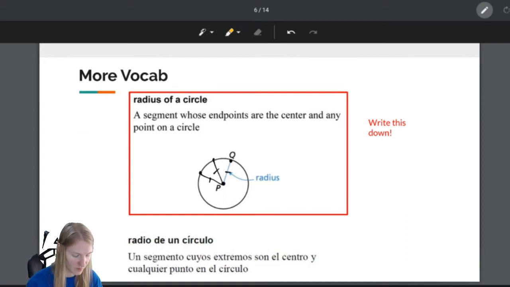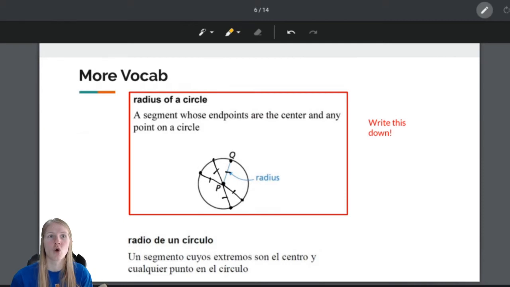So one of the points is P, and the other point is anything on the outside of the circle. Now the radius always stays the same. We don't have a changing radius, otherwise we don't have a circle. So when we have a fixed radius, if my radius is 2 centimeters, every point on the outside of the circle has to be 2 centimeters away from the center.